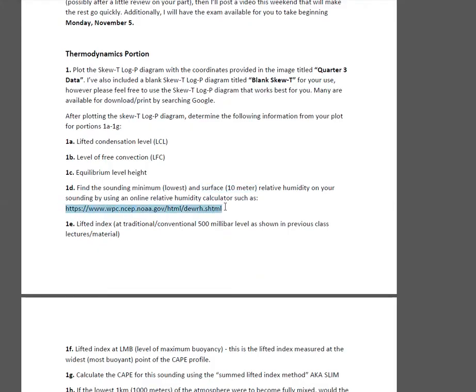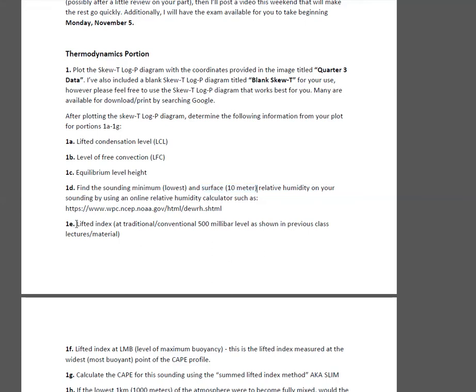I'd really like for you to use that, or one like it, doesn't matter to me, you can find online calculators where you simply enter the dew point temperature and the temperature at a certain level, and it'll give you the relative humidity. So do that for both the sounding minimum and the surface, and we'll be in good shape.